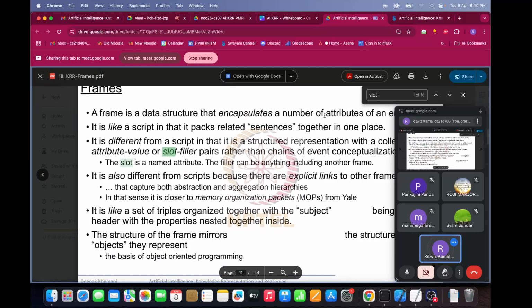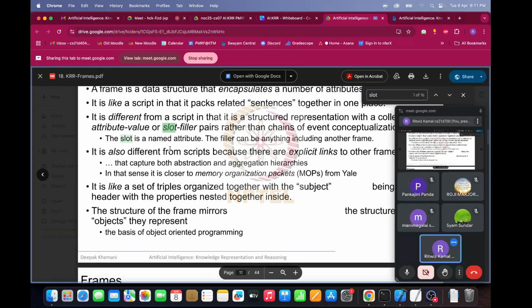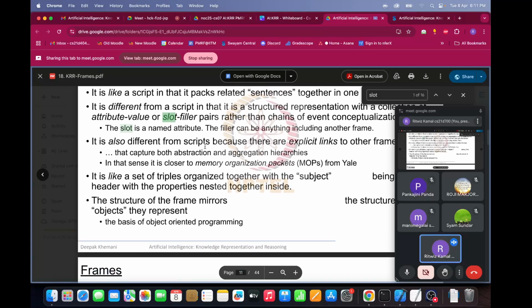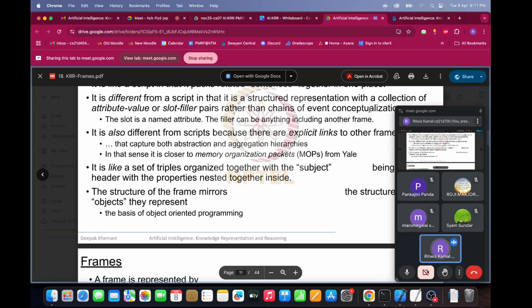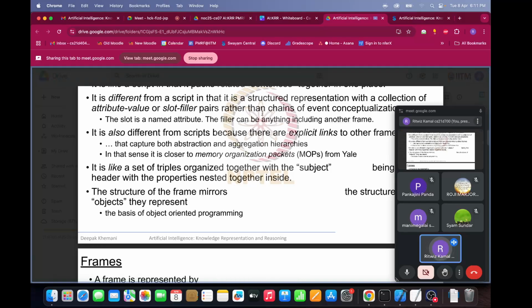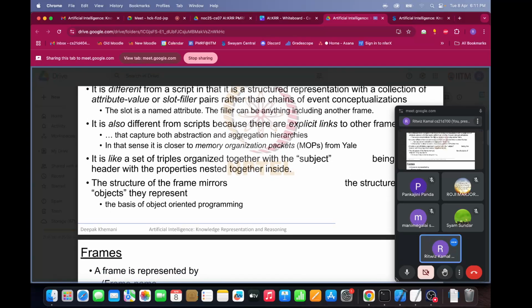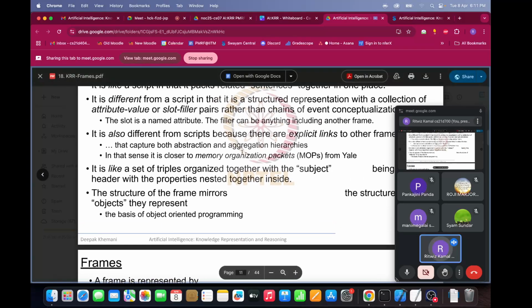So a frame is different from a script in that it is a structured representation with a collection of attribute value or slot filler pairs rather than chains of events or conceptualizations.